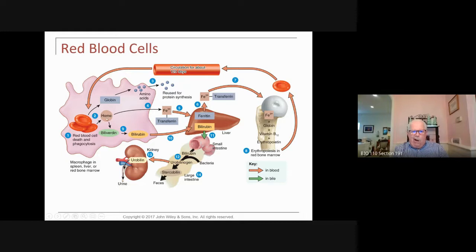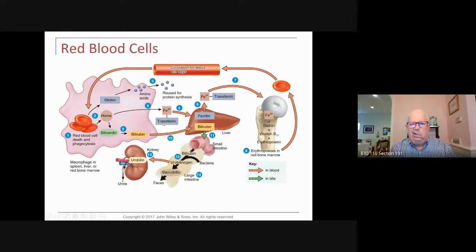The heme part is where the iron comes from. Here it is. There's the iron. Notice that it is 3 plus, so it's now called ferric iron, not ferrous iron. There is a protein that will transfer this iron into the liver.